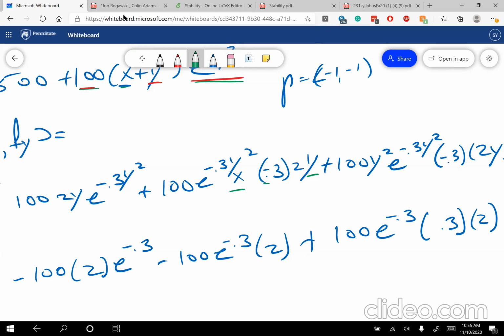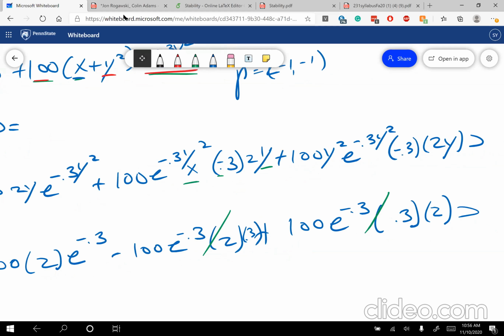Oh, and there's a negative. There's a 0.3 over here. Okay, so these are going to cancel.